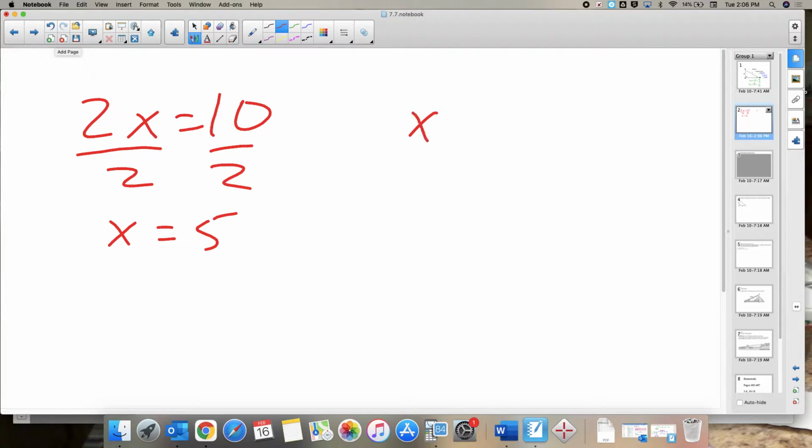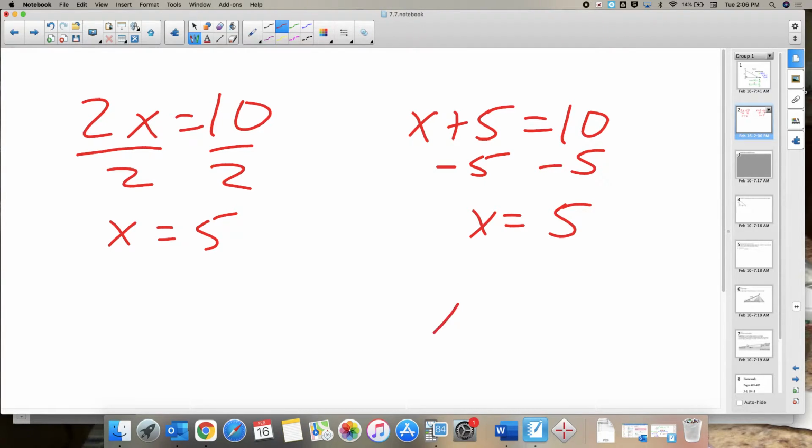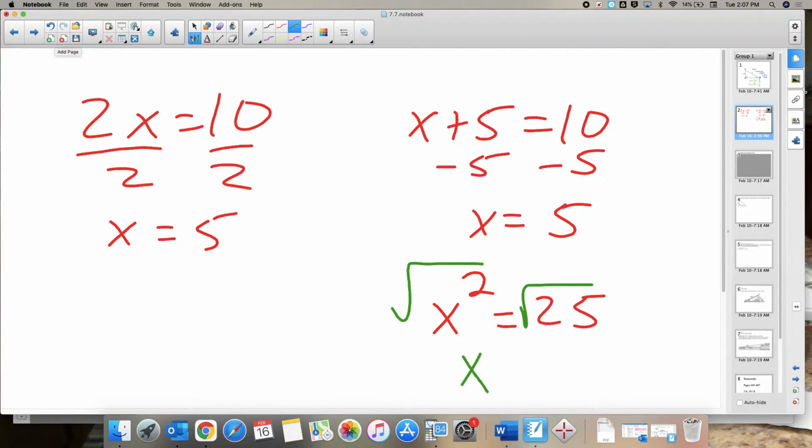When we had x plus 5 equals 10, the opposite of adding 5 is subtracting 5 from both sides. Even when we had x squared equals 25, the squared part has an inverse operation: taking the square root of each side, so x equals 5.